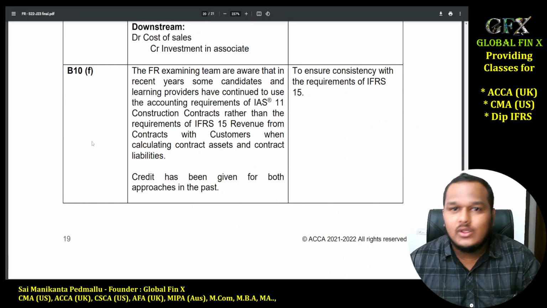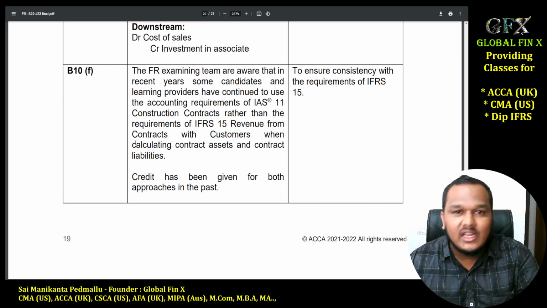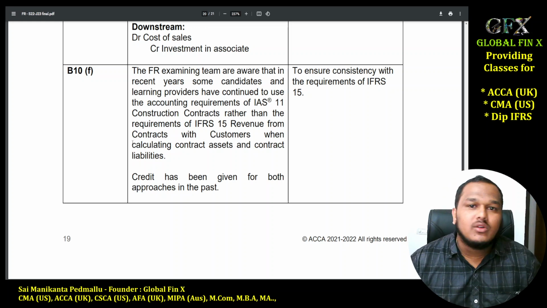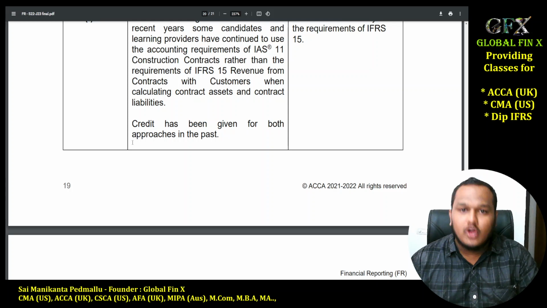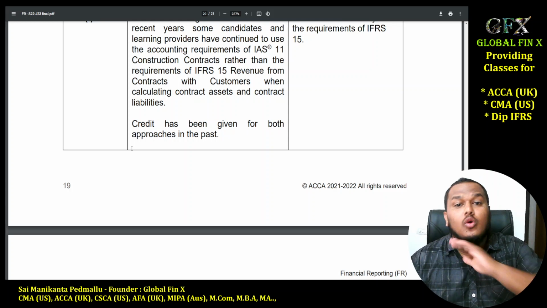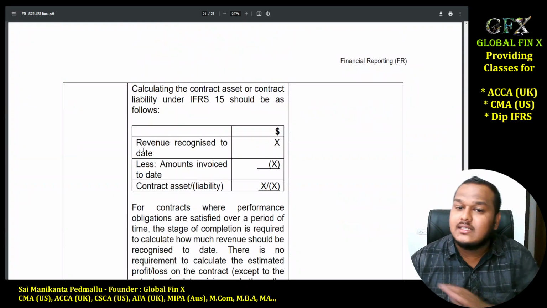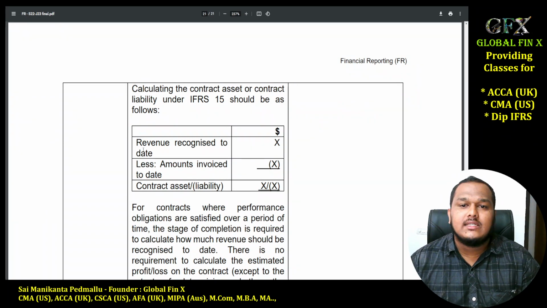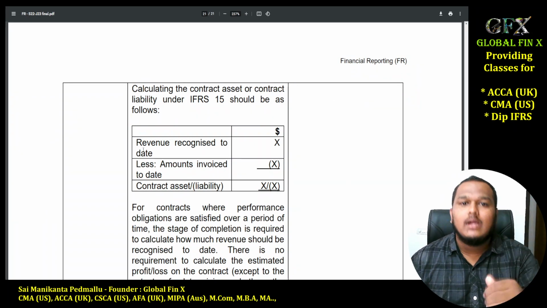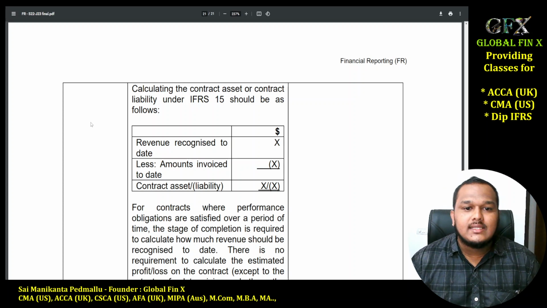But at least now they realize that they will not award marks if you are following older accounting standards. If you are following IAS 11 construction contracts, they will not give you marks. Similarly, if you follow the older standard IAS 17 under leases, you will not be given any marks. Follow IFRS 16 leases. So they are being more strict with regards to their syllabus.